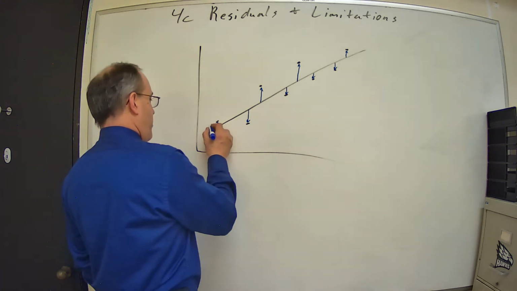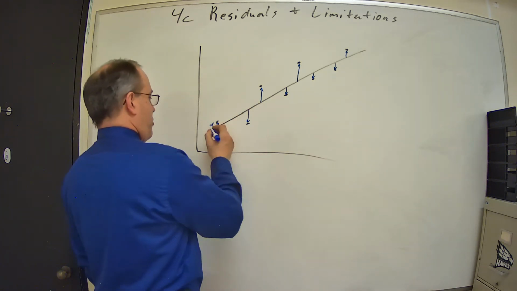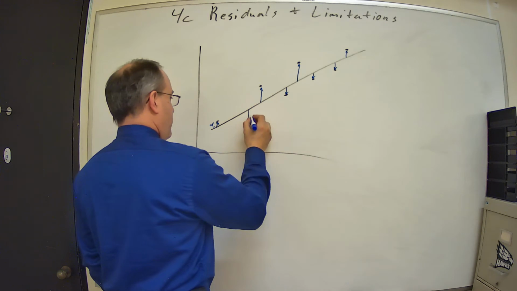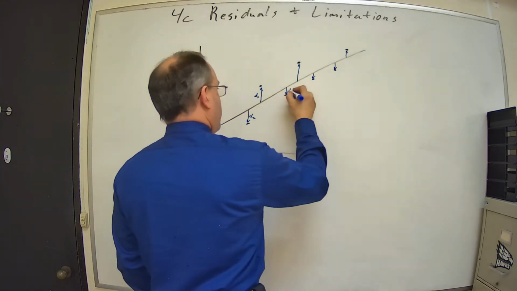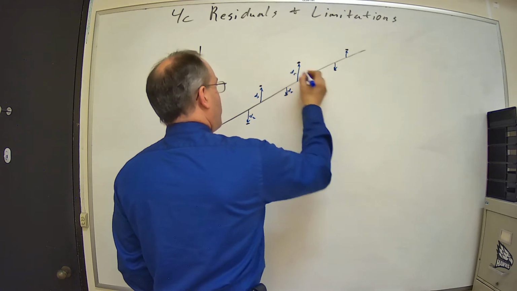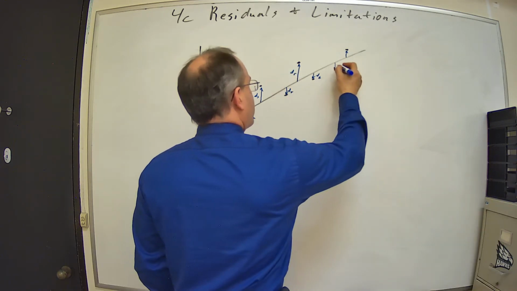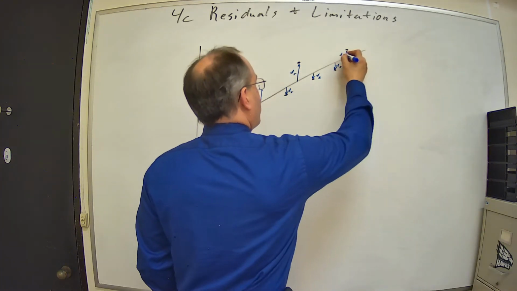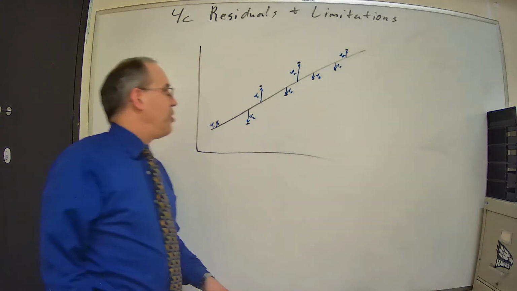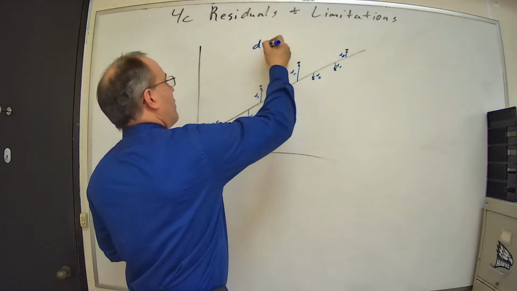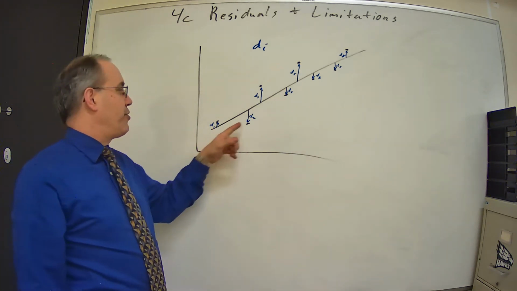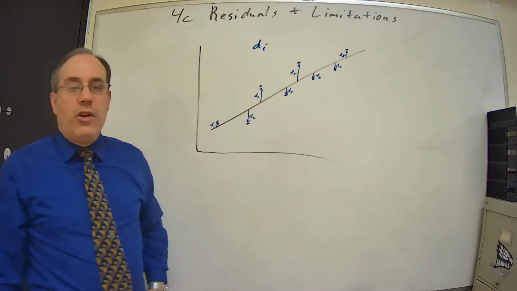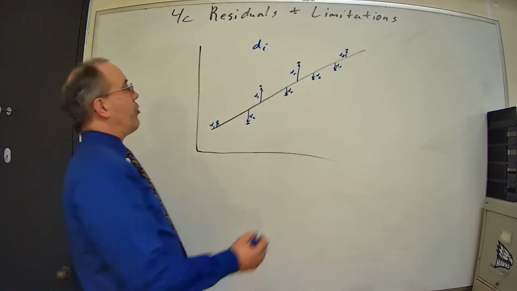We can call those distances d, so we could have d sub 1, d sub 2, d sub 3, d sub 4, d sub 5, d sub 6, d sub 7, d sub 8, or d sub i, where i is just a number to fill in, so we got our first, second, third, fourth, fifth. Those distances are called residuals.